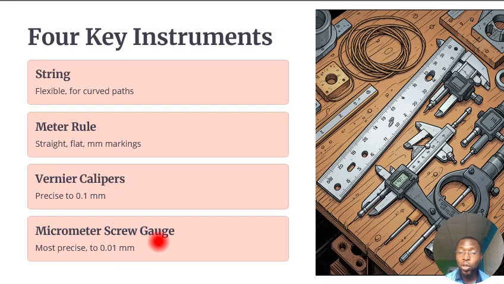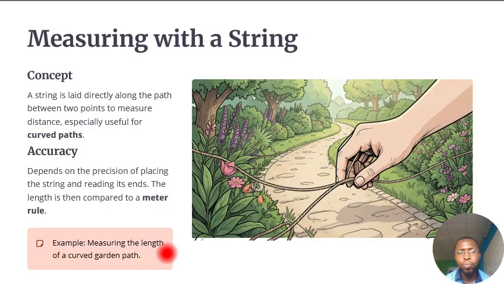Then we have the micrometer screw gauge that has its own reading accuracy, or least count, of 0.01 millimeters or 0.001 centimeters. So these are the four key instruments that are used to measure distance, or sometimes we call it length. We're going to look at them one after the other.